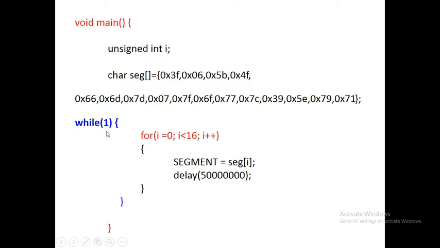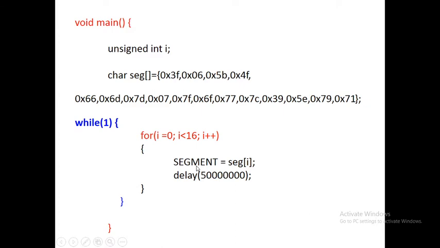Then in while(1), because we want to display the hex counter or BCD counter continuously, I am writing a while(1) loop. In that case I am varying the variable from 0 to 16, meaning I want to display numbers 0 to F, so every time i gets incremented from 0 to F. Then in the segment, I take the data from the array named SEG, and one by one the value is passed to the segment.